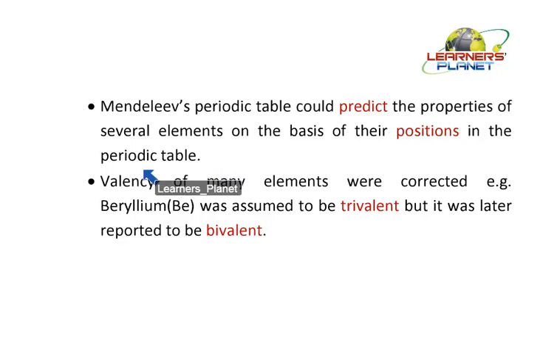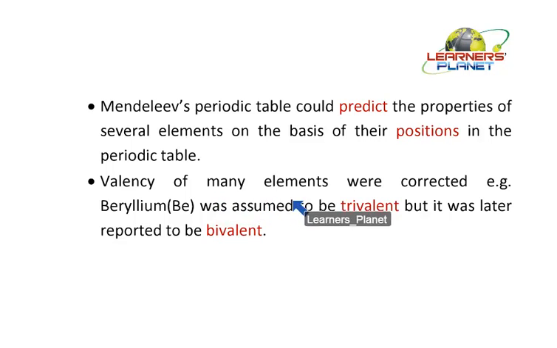He arranged the elements on the basis of their chemical properties as well as their atomic weights. So by seeing the group and the position in Mendeleev's periodic table, we can predict the property of an element.